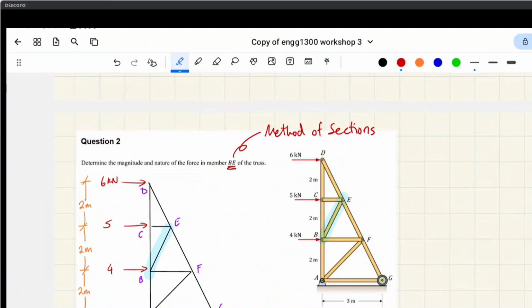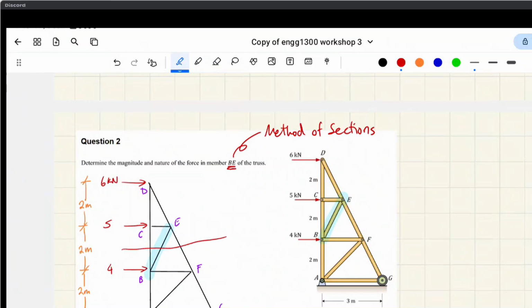You can draw a cut anywhere that doesn't overlap the same member twice. I wouldn't recommend cutting more than, you can do 4 members sometimes, but not too many because you'll end up with too many unknowns and won't be able to solve it. In general, you're aiming for about 3 members.